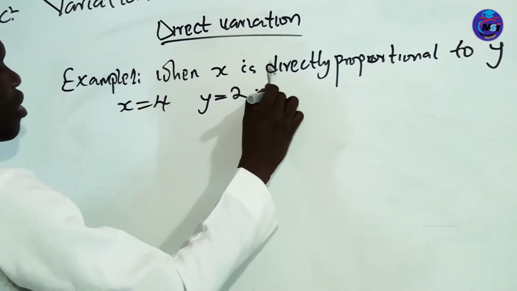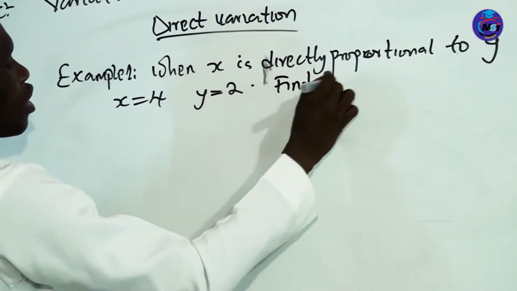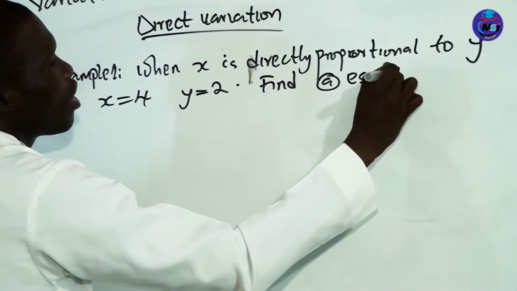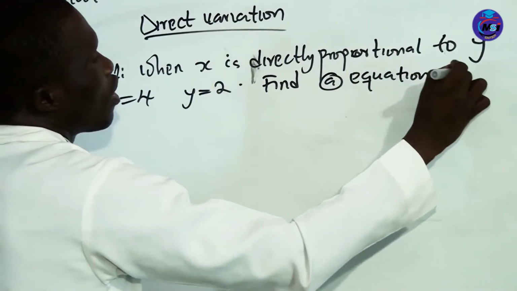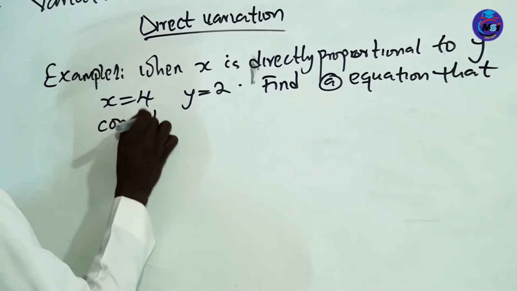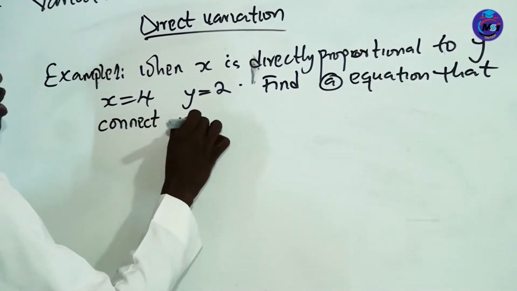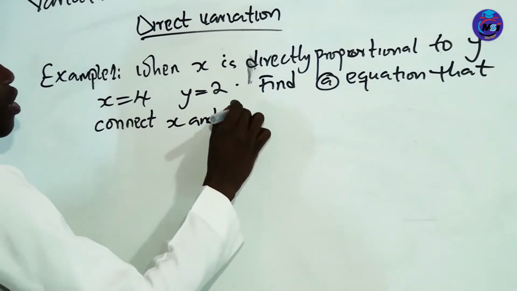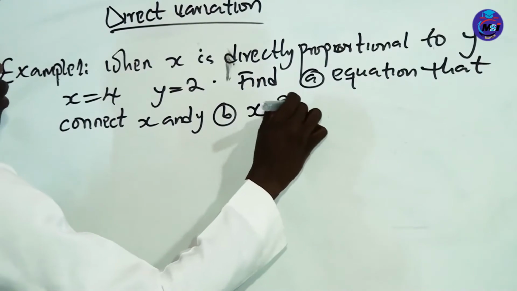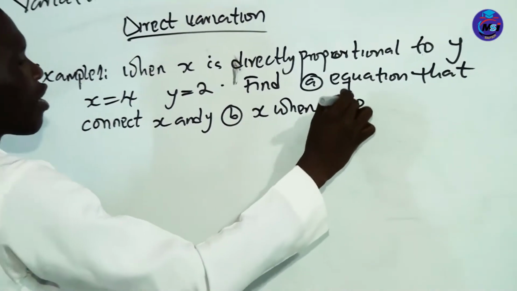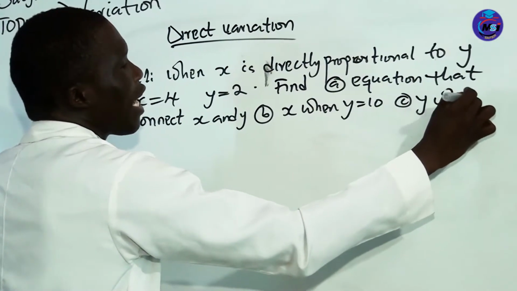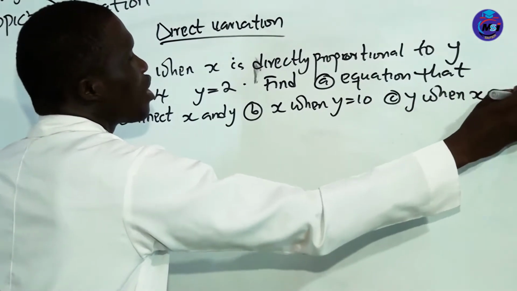Number 1, find an equation that connects x and y. B, find x when y equals 10. C, find y when x equals 20.